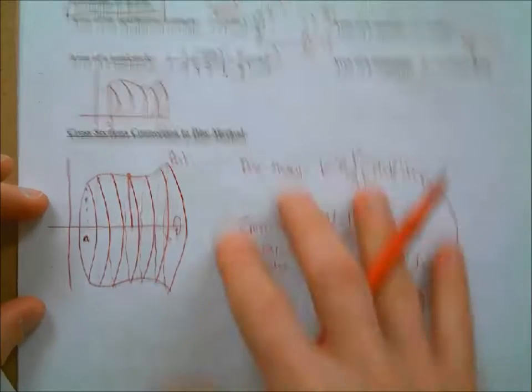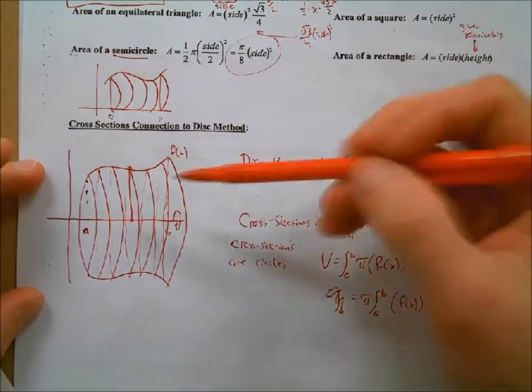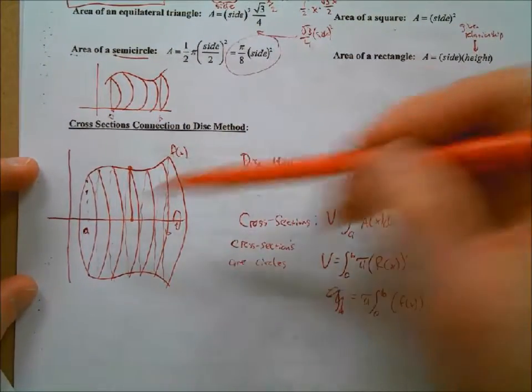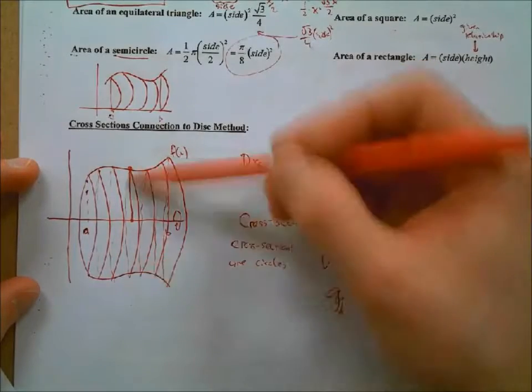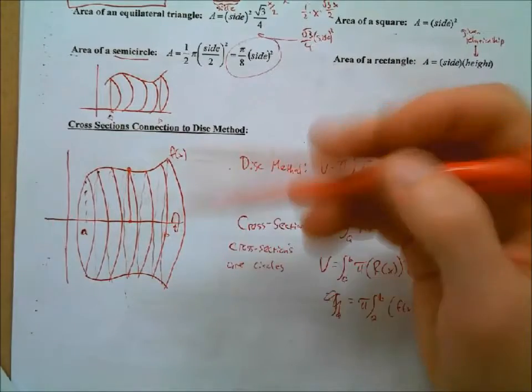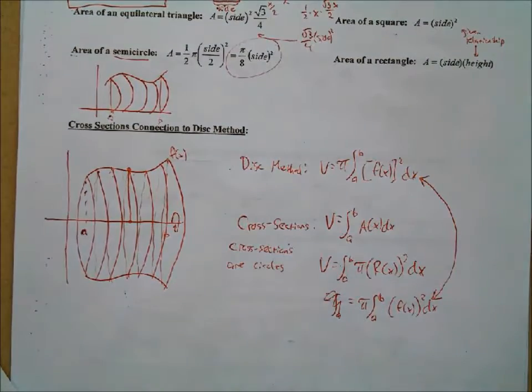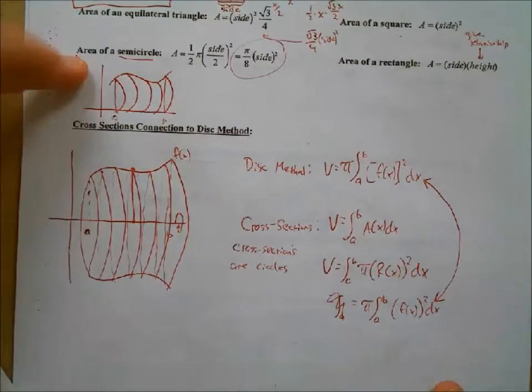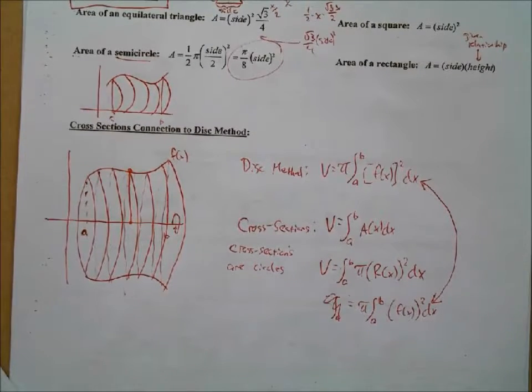Here, our cross sections went between these two things, so it essentially doubled what you were looking at. It switches the scenarios a little bit, but that's the basic idea to connect the two. Other questions on anything?